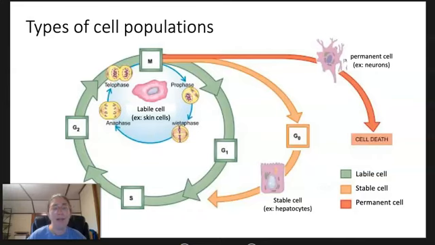Neoplastic disease happens when these cells re-enter the cell cycle and start proliferating out of control, or when labile cells that are supposed to be going through this cycle in a controlled fashion start going through it way too quickly in an uncontrolled fashion. So all neoplastic disease is cell cycling, cell growth and division in an uncontrolled fashion.